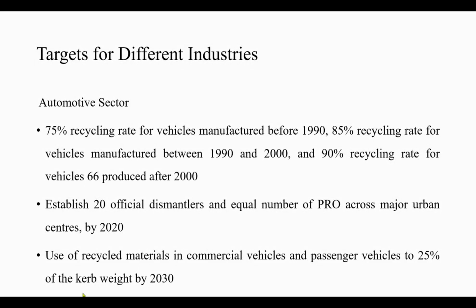Now, targets for different industries. If we are talking about the automotive sector, there is a 75% recycling rate for vehicles manufactured before the 90s, an 85% recycling rate for vehicles manufactured between 90 and 2020, and a 94% recycling rate for vehicles produced after 2000.